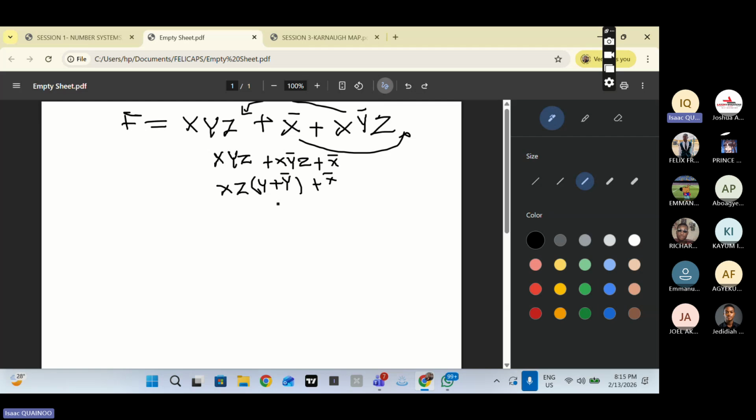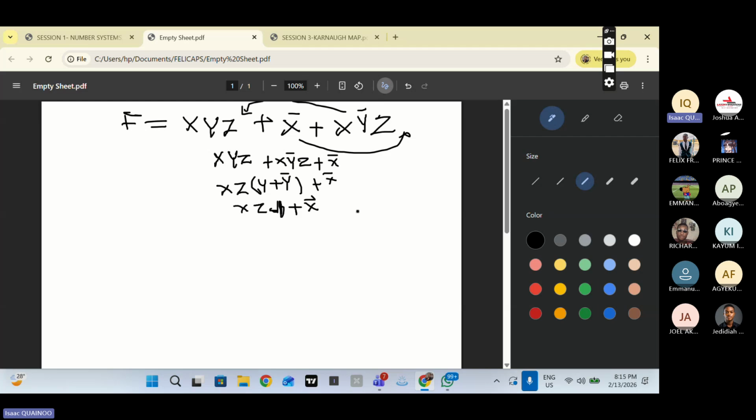So everything here is going to give us 1. Okay, so we are going to have xz all times 1 plus x bar.